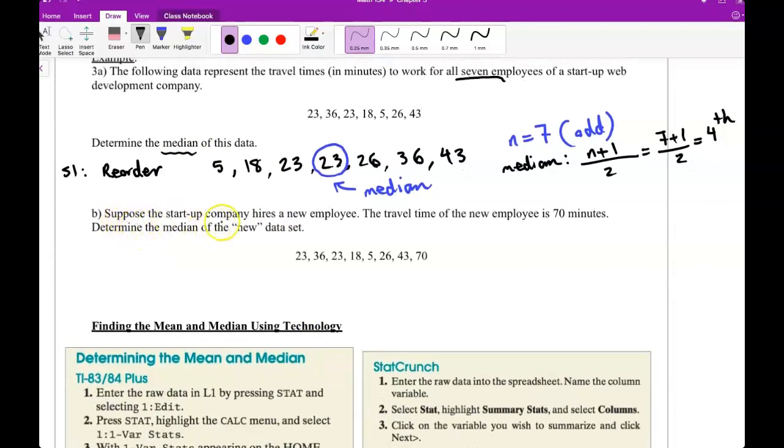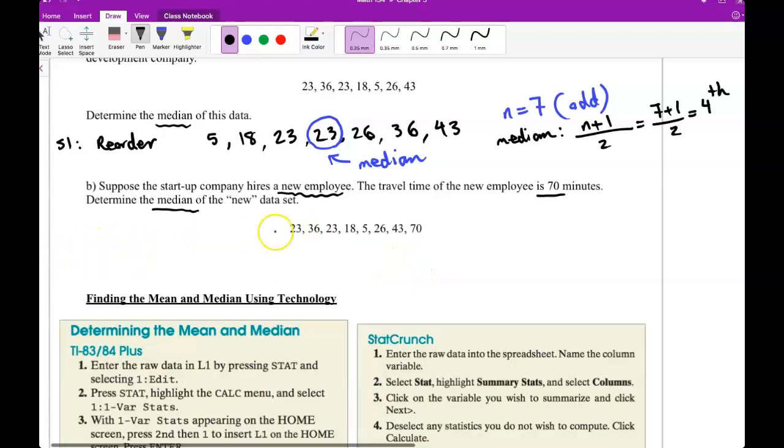Part B, suppose that they hire a new employee. The travel time of the new employee is 70 minutes. Determine the median of the new data set. Here we have exactly the same thing, but the only difference is we added this 70 minutes for the new employee.